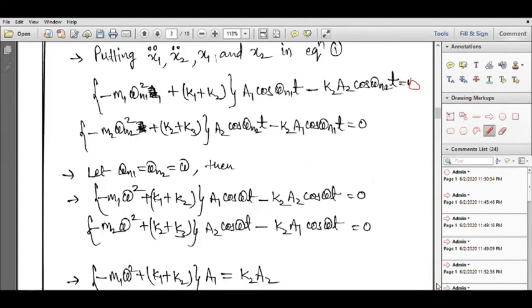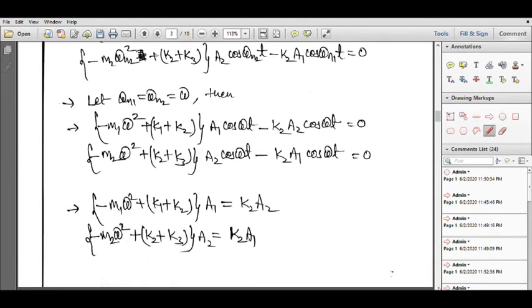Now in both the equations, I'll assume omega n1 and omega n2 to be equal, and both are equal to omega, right? I can take this assumption as valid. If omega n1 and omega n2 are different, after solving these equations of motion, I'll get their different values.